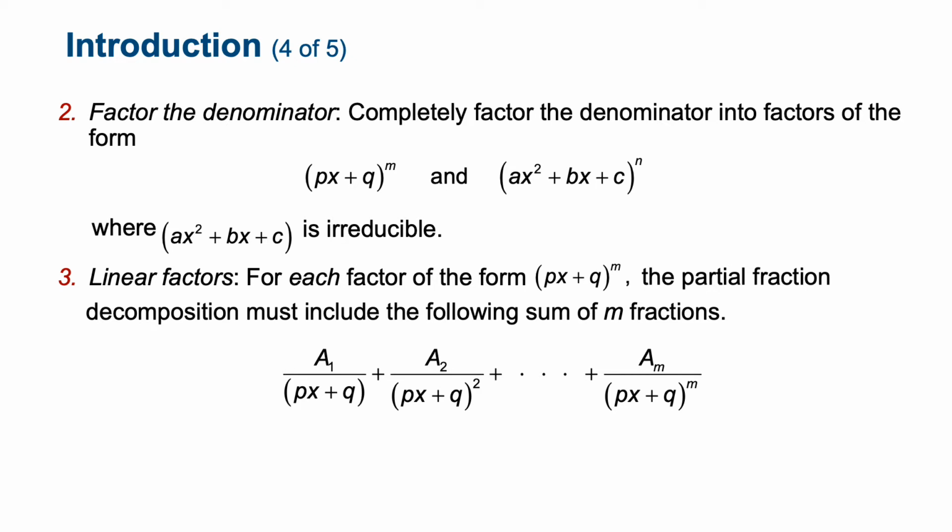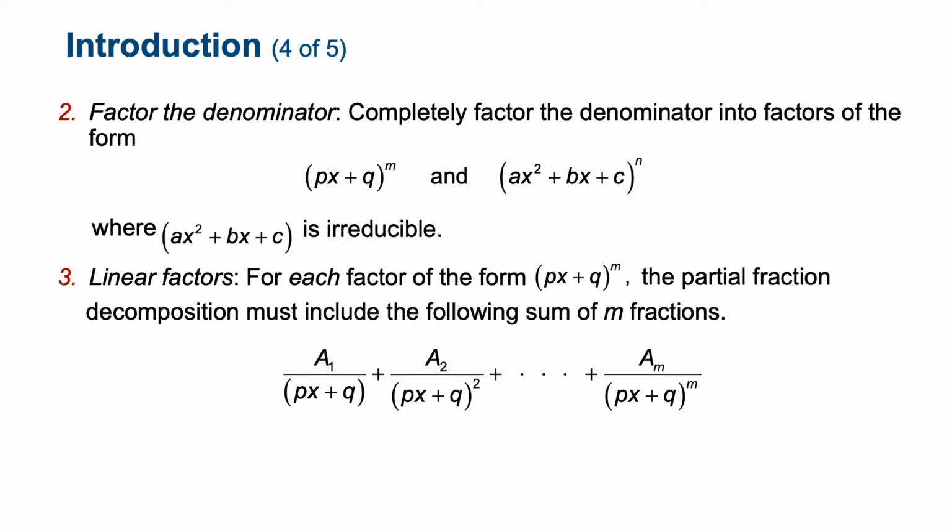The next step is you factor the denominator. So you take your rational expression, and you factor the denominator, we know what that is, right? We factor it completely into linear and quadratic factors, where a quadratic expression that is prime, you cannot factor it anymore, is irreducible. And a linear factor is obviously not factorable anymore.